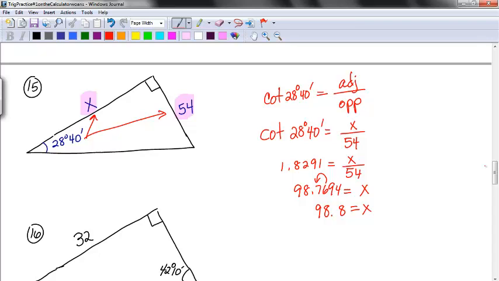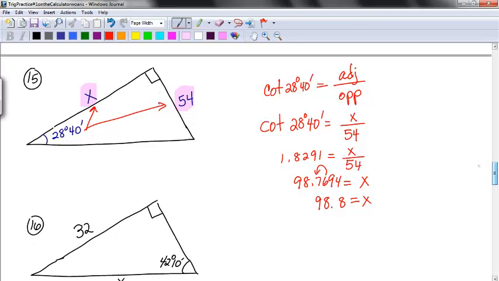Okay, on the next one, look, I've got the right angle up here at the top. So what's the x? The hypotenuse, right? And the angle over here to the right is 42 degrees 10 minutes, and this leg is 32.